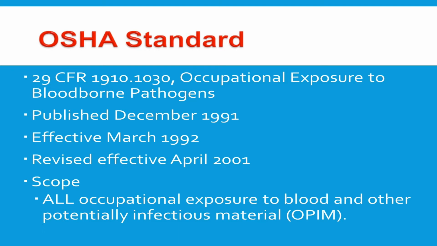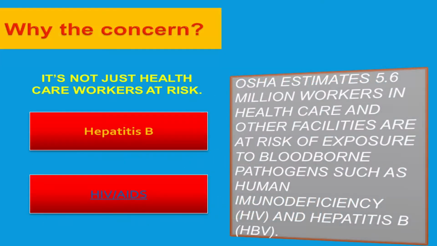The scope, which is important for all these standards, applies to everyone that has potential occupational exposure to blood or OPIM, other potentially infectious materials. For the most part, what we're talking about is healthcare workers. However, it's important to realize that this standard does not cover just healthcare workers.